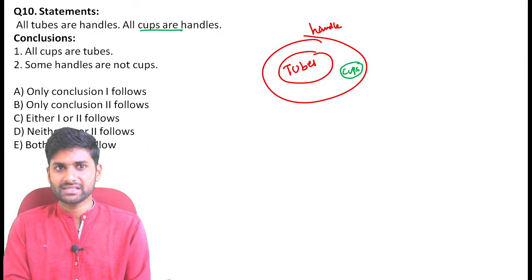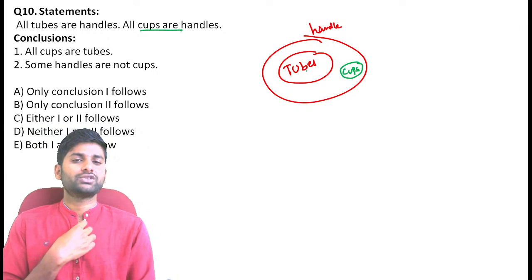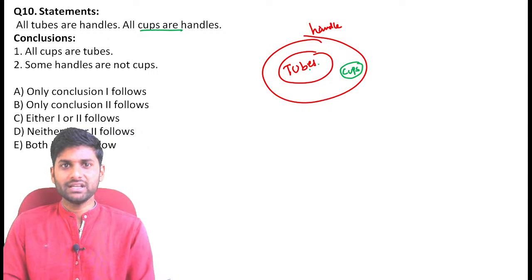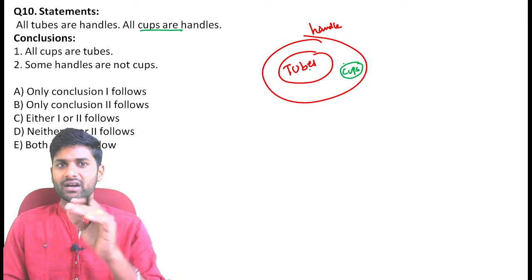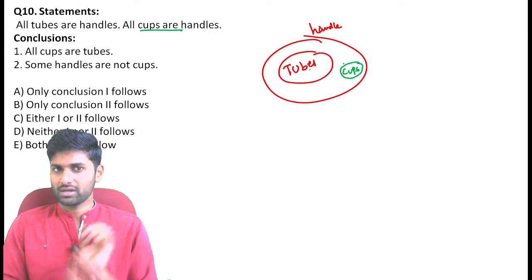Remember, don't mix up cups and tubes, guys. What is the major information here? First, all tubes are handles. You draw the tube circle, and above the tube, we have a handle. Second, all cups are handles means the information relates cups to the handle. So don't mix the circles of cup and tube, guys. That is the overall information.